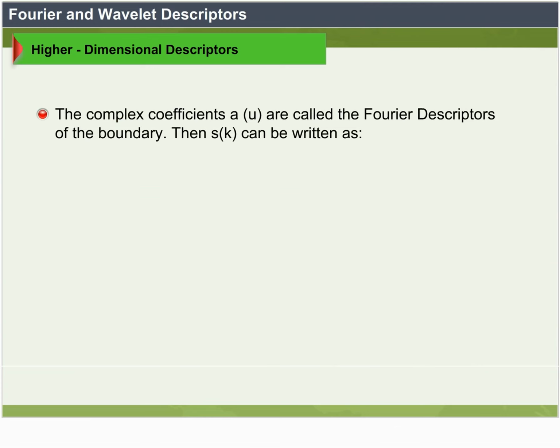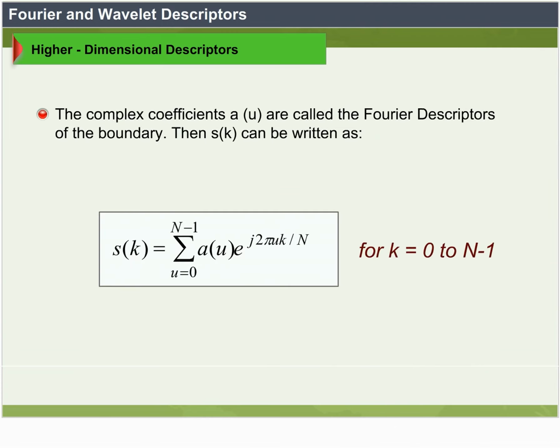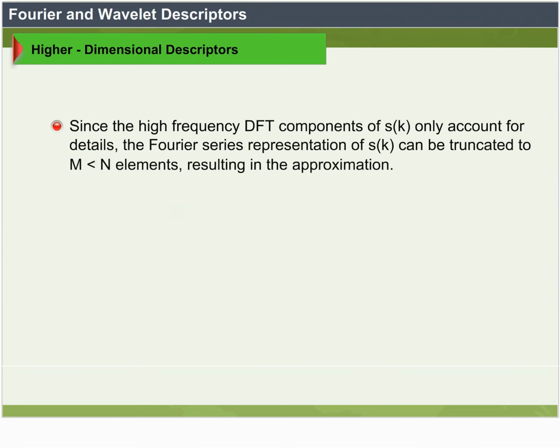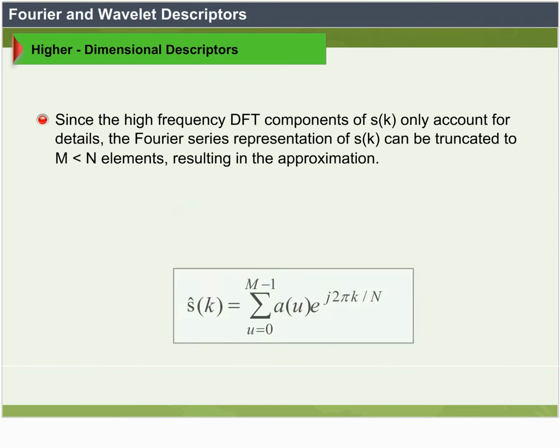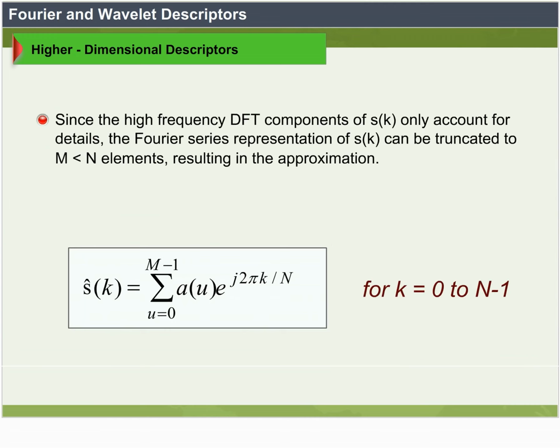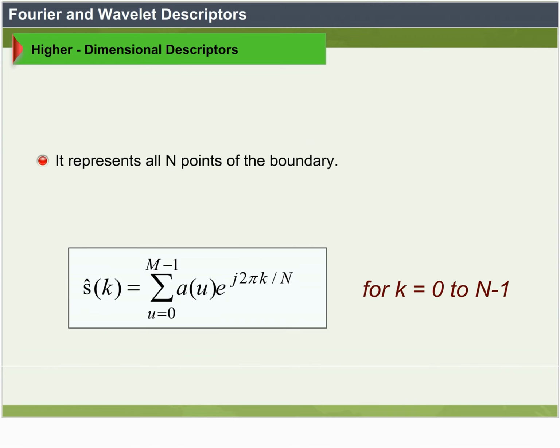Then S of k can be written as shown. Since the high-frequency DFT components of S of k only account for details, the Fourier series representation of S of k can be truncated into m less than n elements, resulting in the approximation. It represents all n points of the boundary.